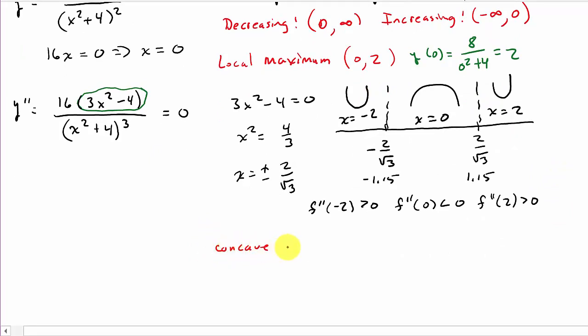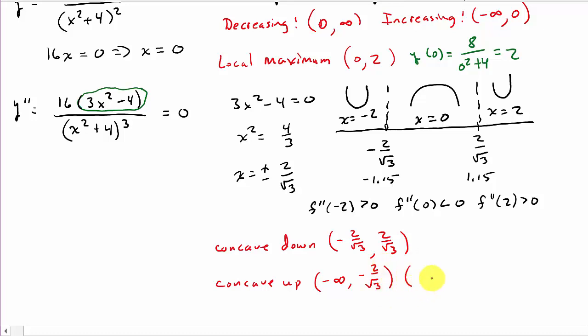So I have concave down from -2 over square root of 3 to 2 over square root of 3, and concave up from -infinity to -2 over square root of 3 and 2 over square root of 3 to positive infinity.